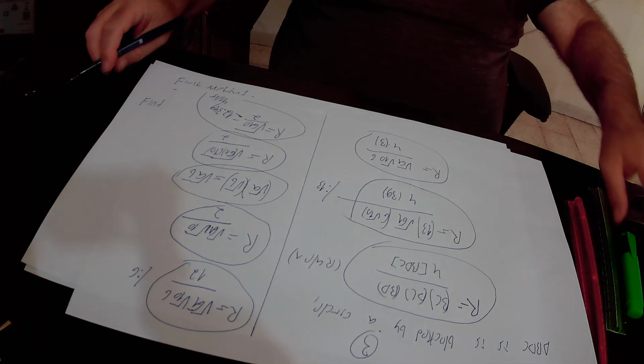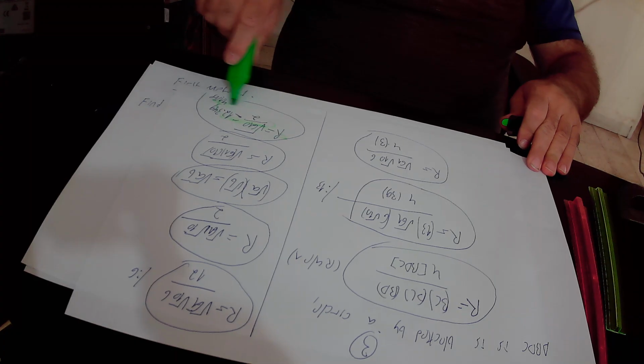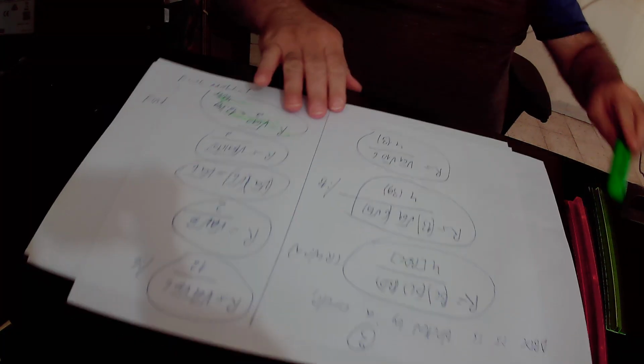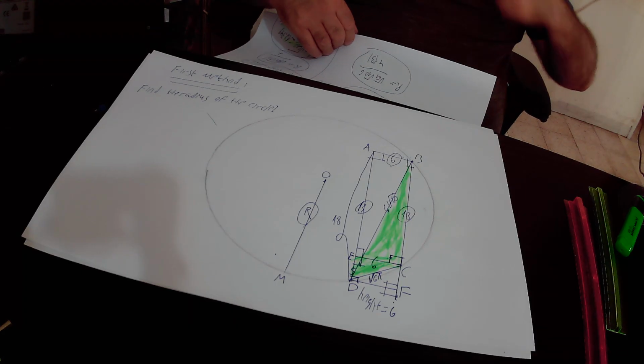In the next step I will present to you how to find out the radius of this circle according to the second method.